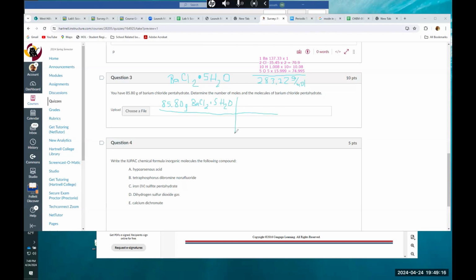And then what's next? We did this work. Now how are we going to use it? We're going to put grams on the bottom and then 1 mole on top. Okay, so our barium chloride pentahydrate.